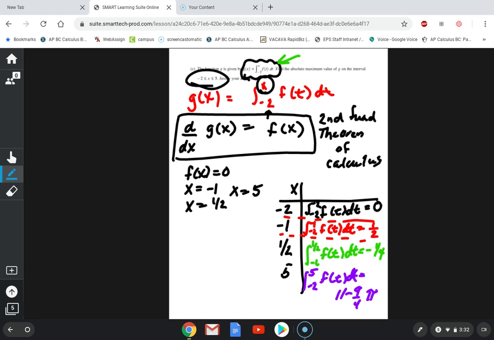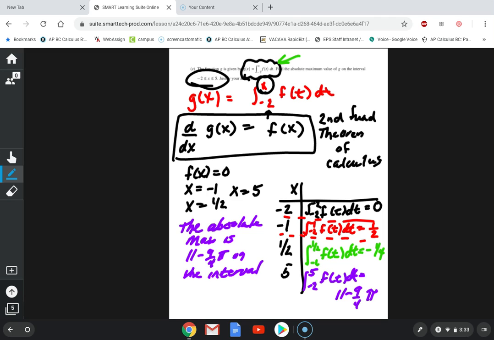Because I'm looking for an absolute max, the absolute max is going to be the highest value. So my absolute max is 11 minus 9 over 4 pi on the interval.